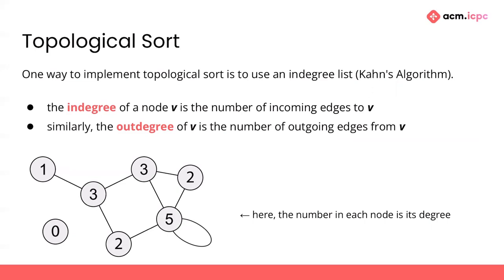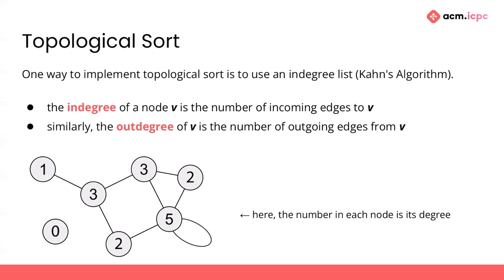Here we have a node with degree 0 because there are no nodes connected to it. But this node has degree 3 because it's connected to this one, and this one. And this node has degree 1 because it's only connected to this node. So it's just counting the number of neighbors of each node.